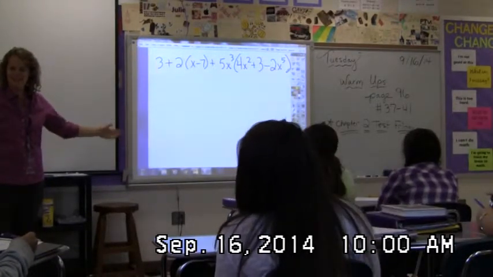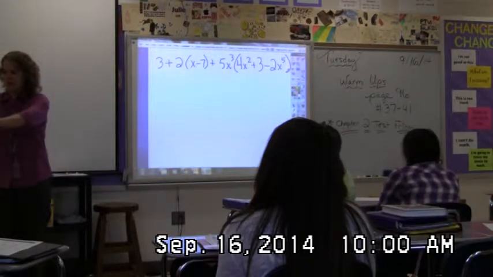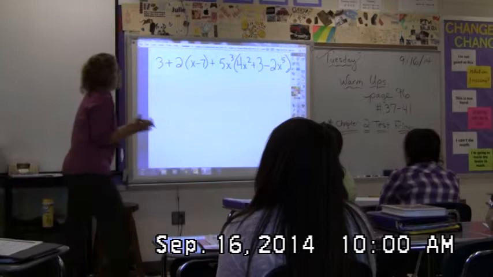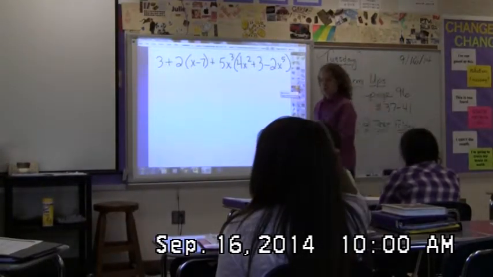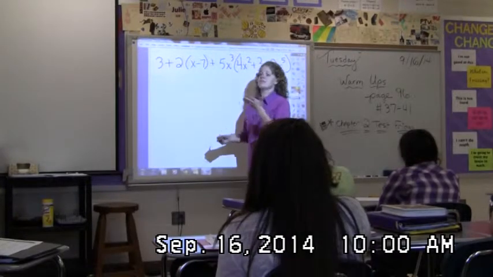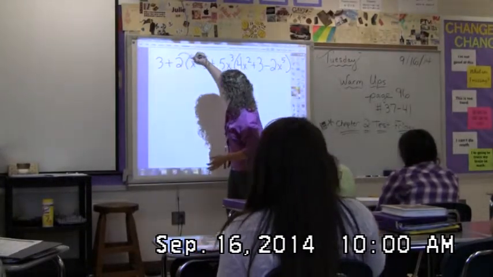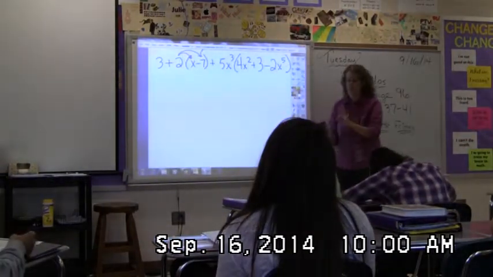Hannah? 3 plus 2x minus 4. Okay, stop right there. I love what you're saying, but what are you doing? Doing like the 2 times what's in the front. Okay. That's called distributing. You're distributing the 2 and taking 2 times this and 2 times that. Beautiful.